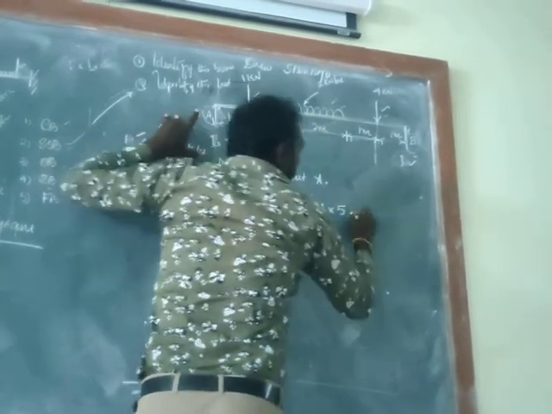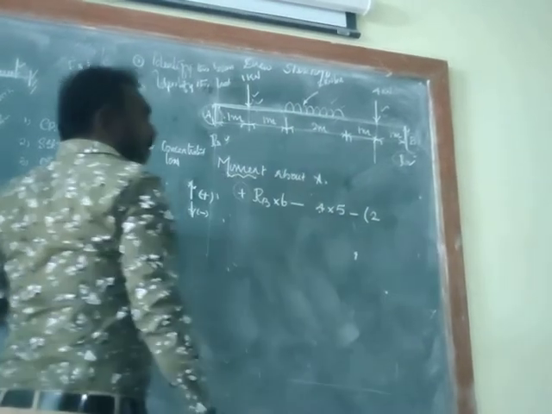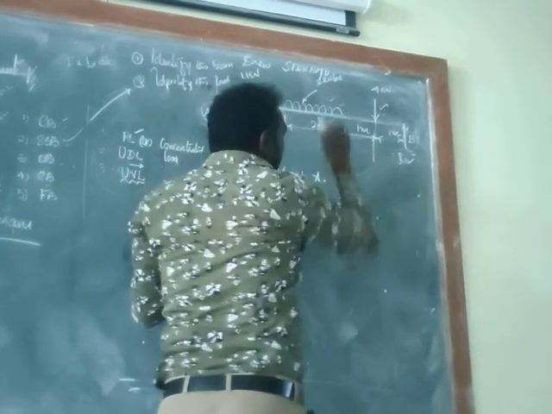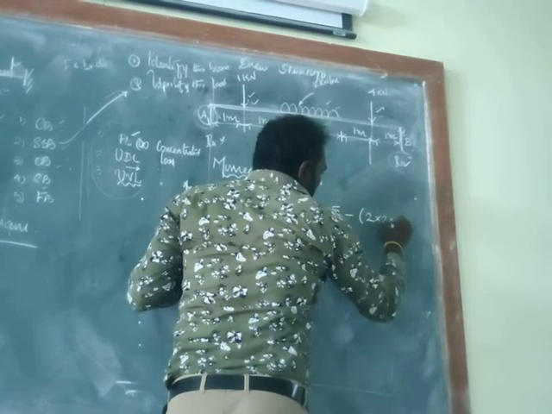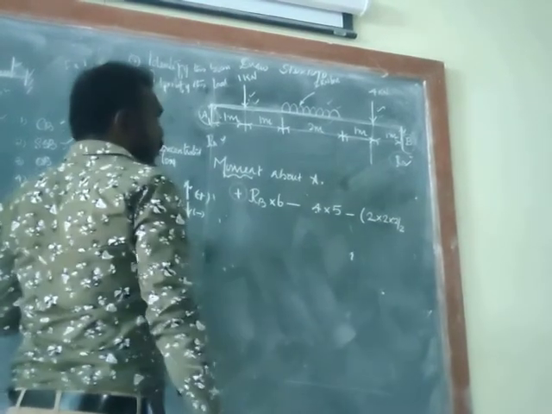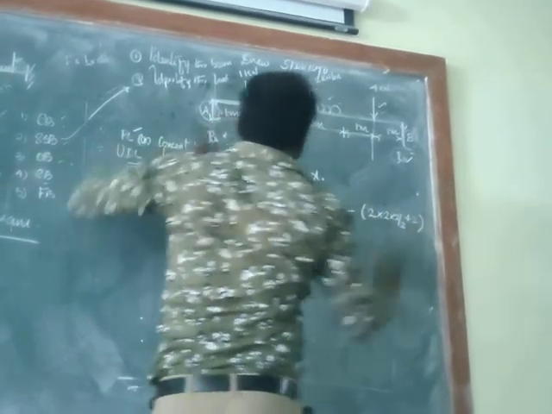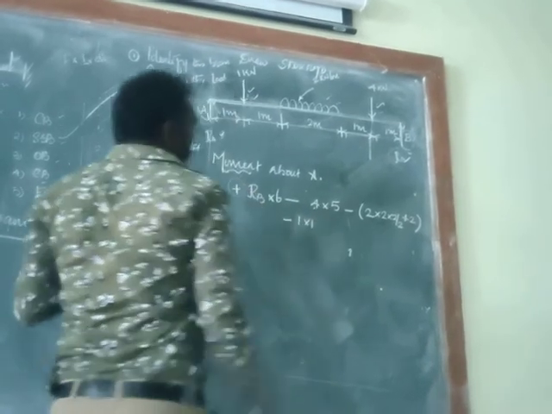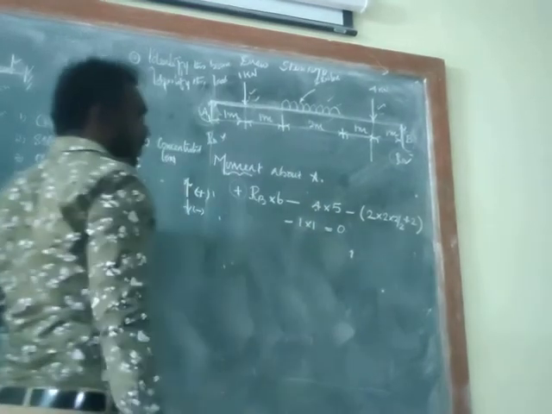Minus another load, the UDL. When we consider the UDL, we calculate the moment as the value into the particular distance into distance by 2, plus the remaining distance. Another load 1 into 1, is equal to 0.